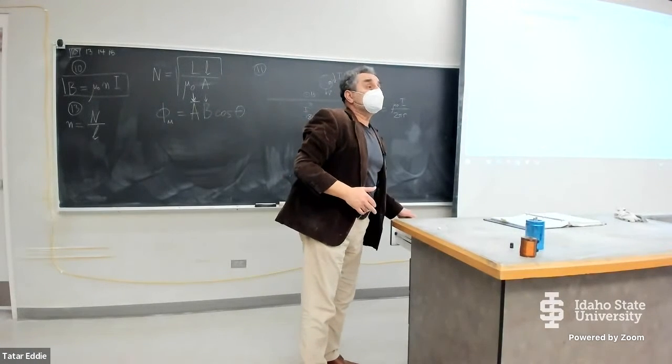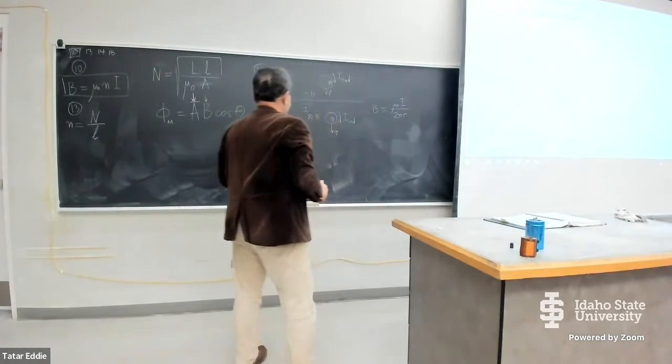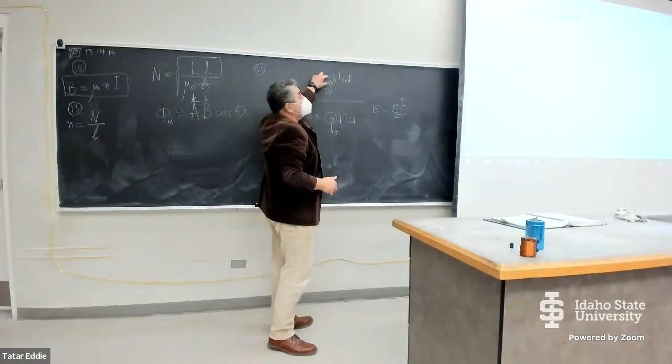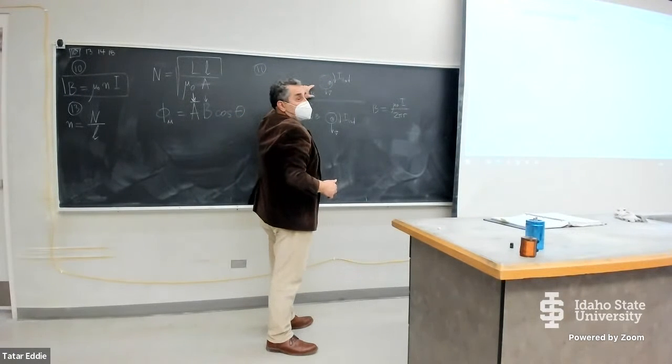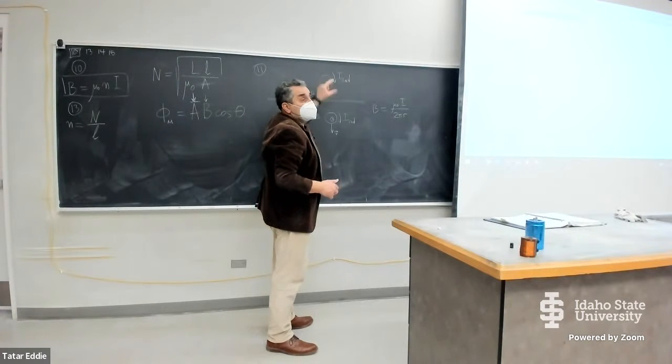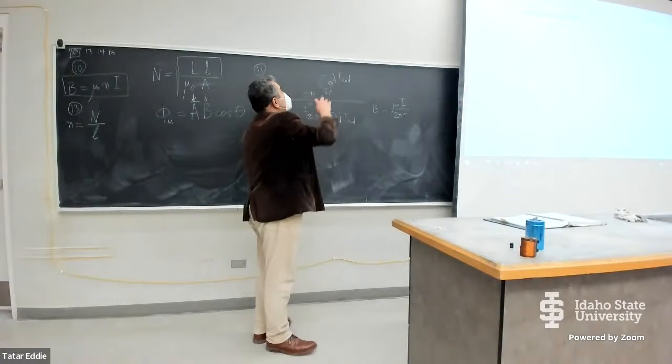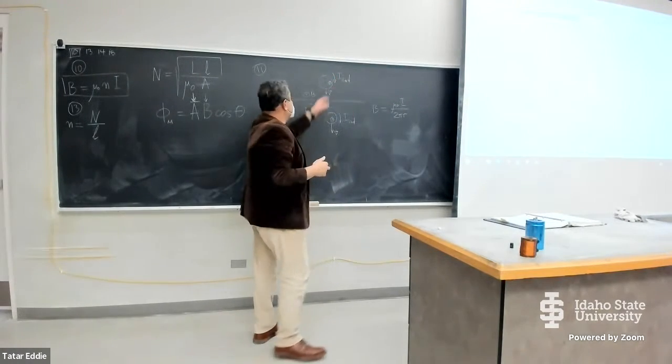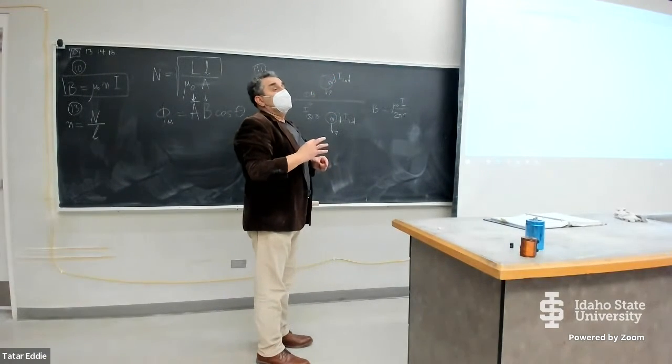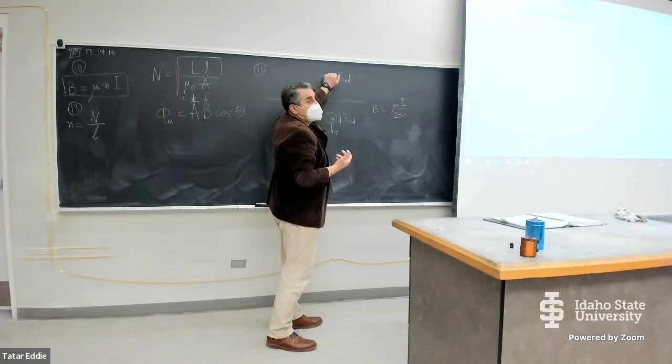And after that, Lenz's rule says that the magnetic flux of this field, if it is changing, you induce current in this ring to try to prevent the change of flux that goes through this area.